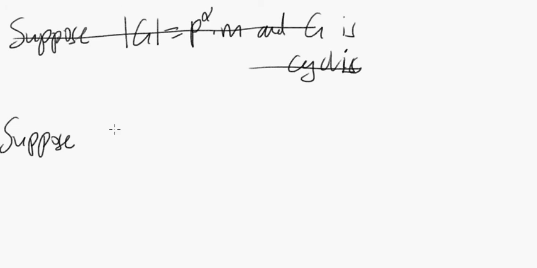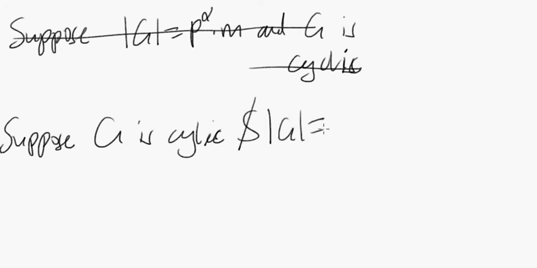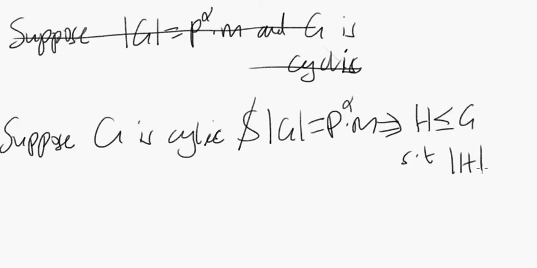Suppose G is cyclic and order of G equals p to the alpha times m. Does that imply that there exists some subgroup H of G such that order of H equals p to the alpha? Could we prove a special case where the group is cyclic?